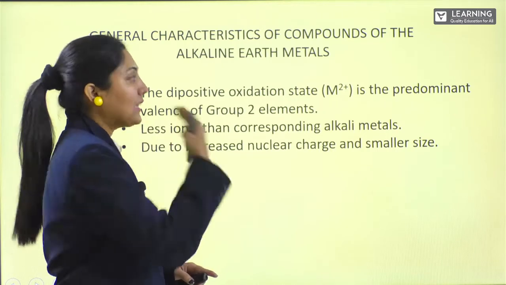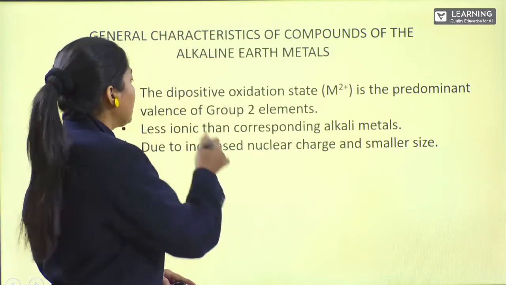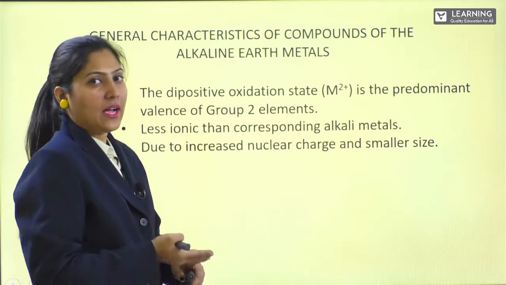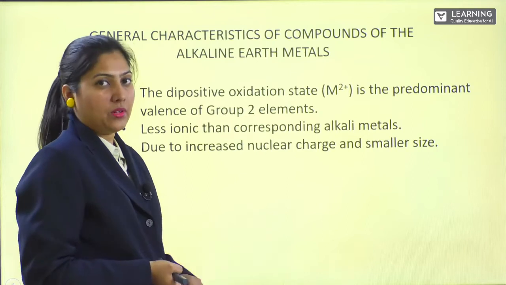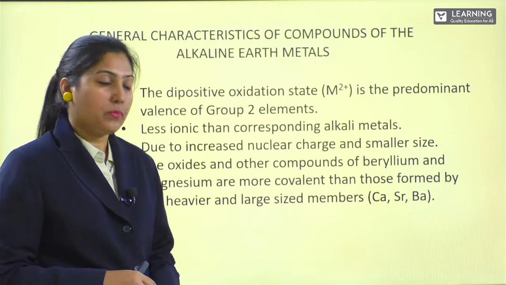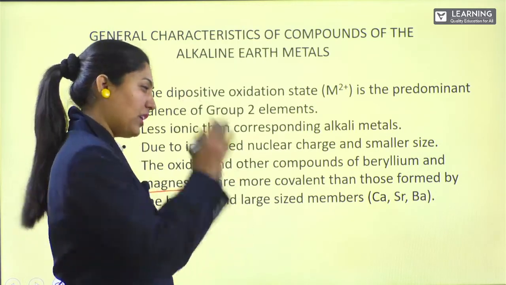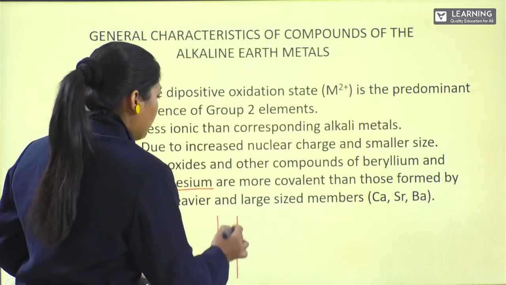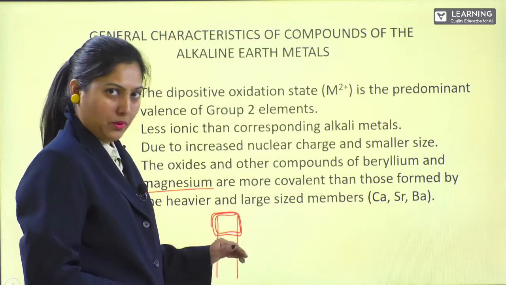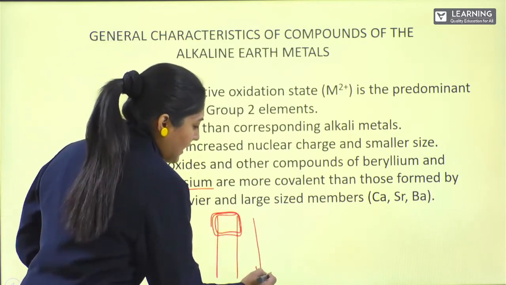But compared to other elements of the periodic table, the alkaline earth metals are more ionic in nature. Regarding the oxides and other compounds of beryllium and magnesium, whenever we take a group, the first element of the group will always be smaller, because down the group size increases.